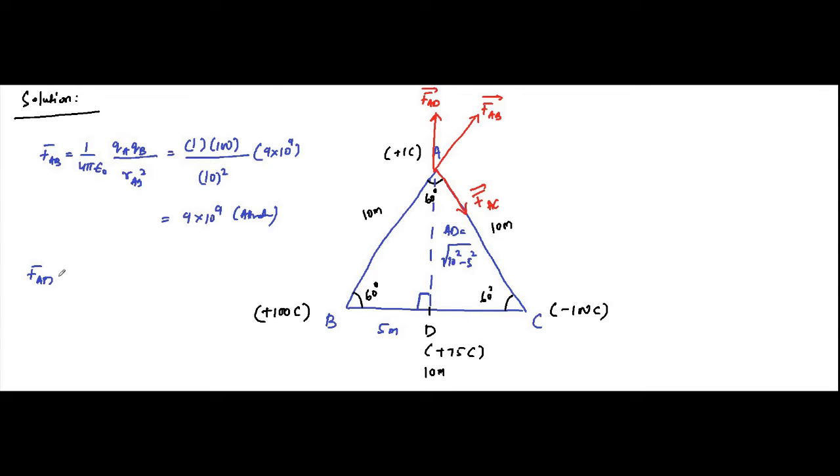So FAD will be equal to again 1 by 4 pi epsilon 0, QA QD by RAD whole square, that is equal to 9 into 10 to the power 9 into 1 into 75 by root over of 10 square minus 5 square whole square.